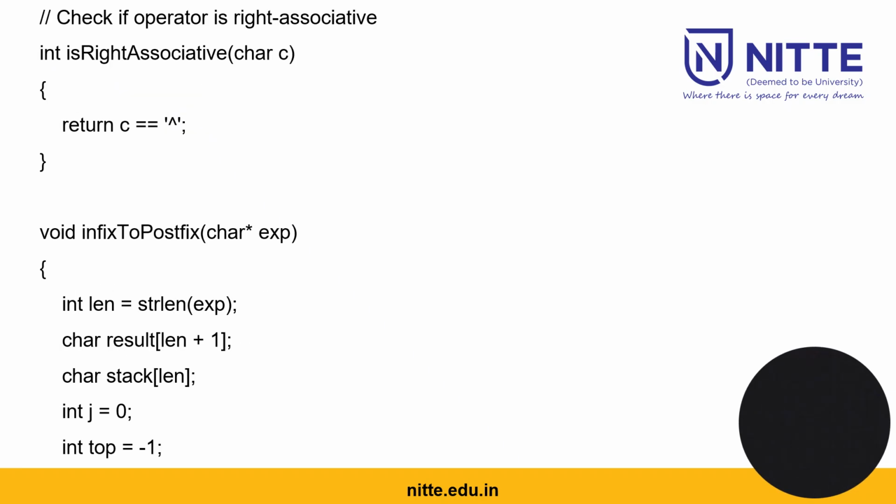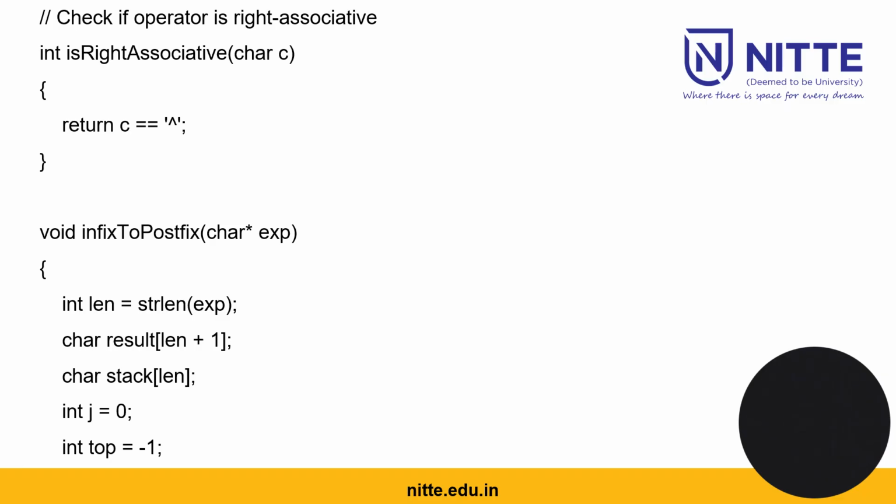Now we have to check if the operator is right associative. I already said what right associative means: the scan will happen from right to left, and in that category comes the raised-to operator.